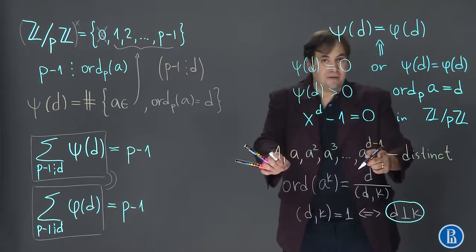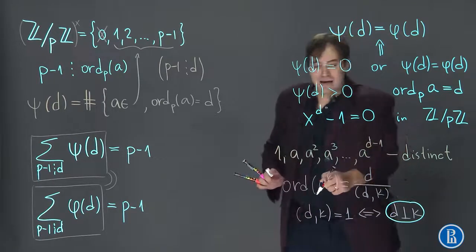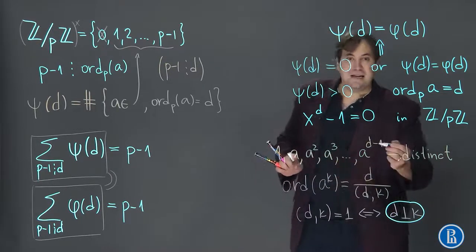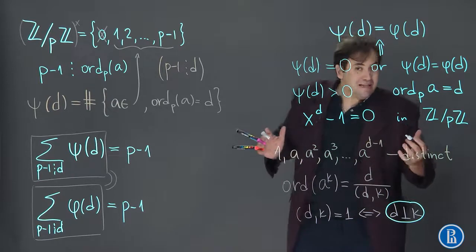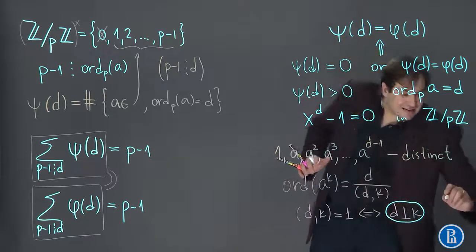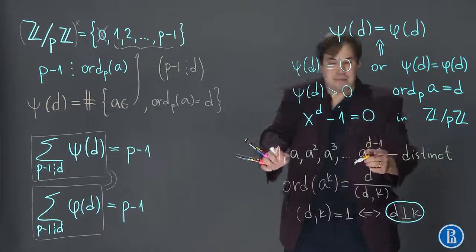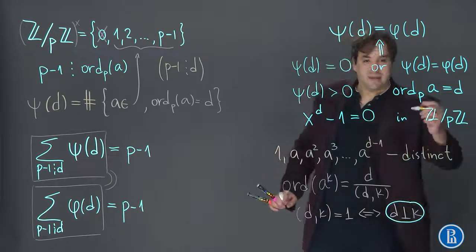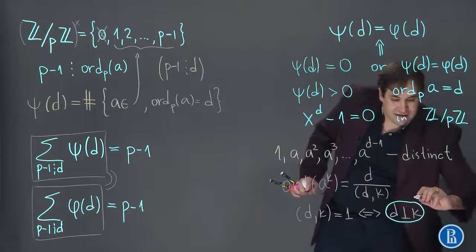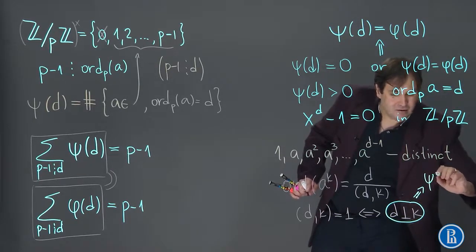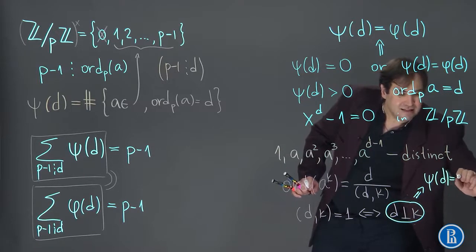Only those of them that are of the form a to the power of something mutually prime with d. Well, this means that there are exactly phi of d elements of order d. So in this case, psi of d is equal to phi of d.